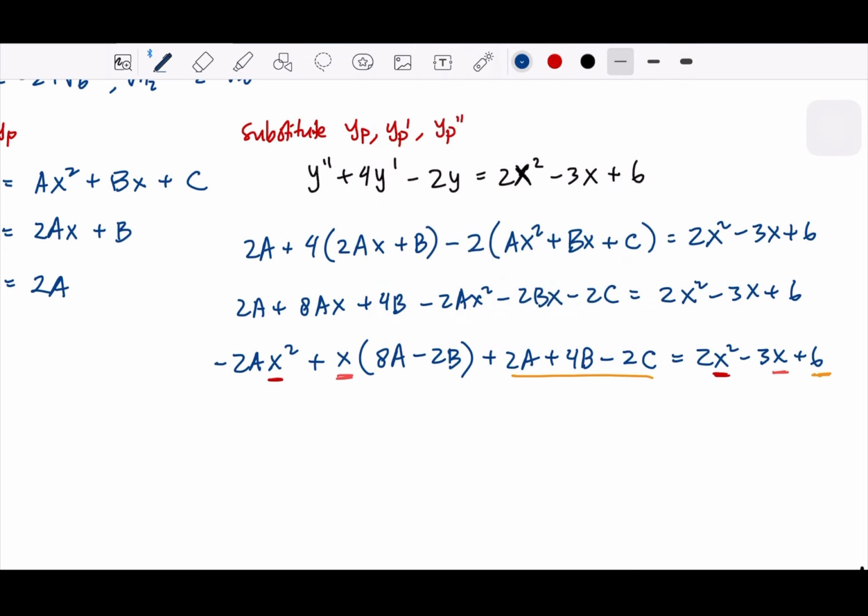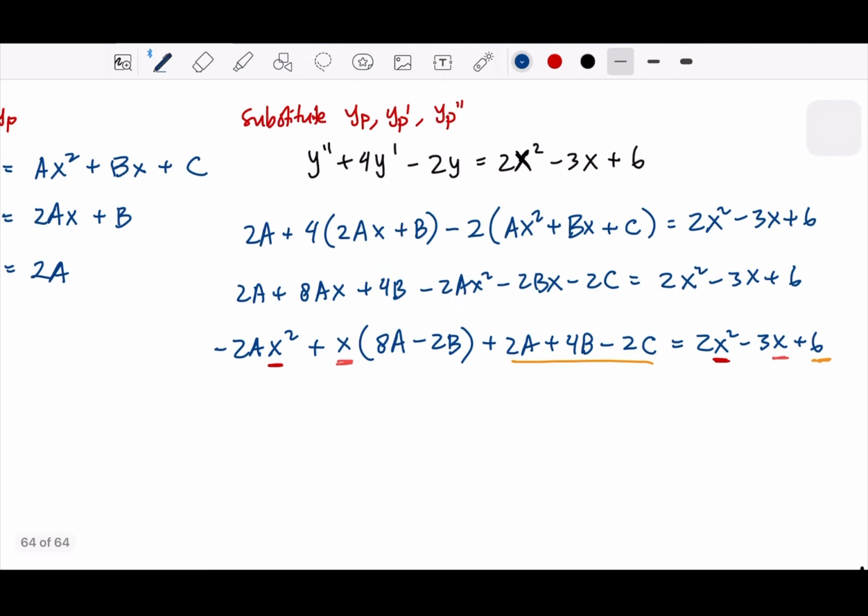So we can equate this x squared. So negative 2a is equal to 2 for the x squared, right? So a is negative 1. And then 8a minus 2b is equal to negative 3, yes.